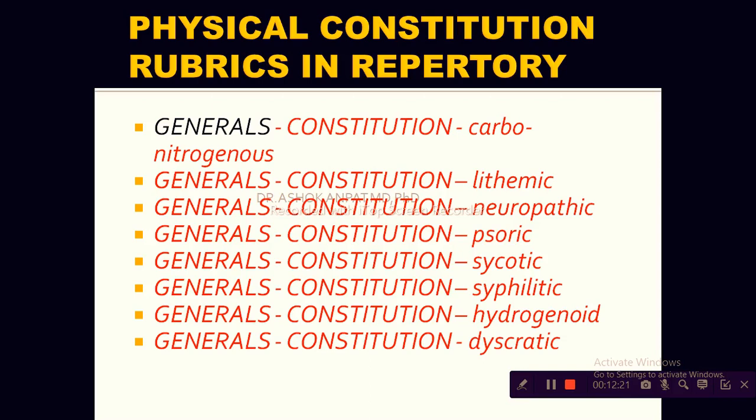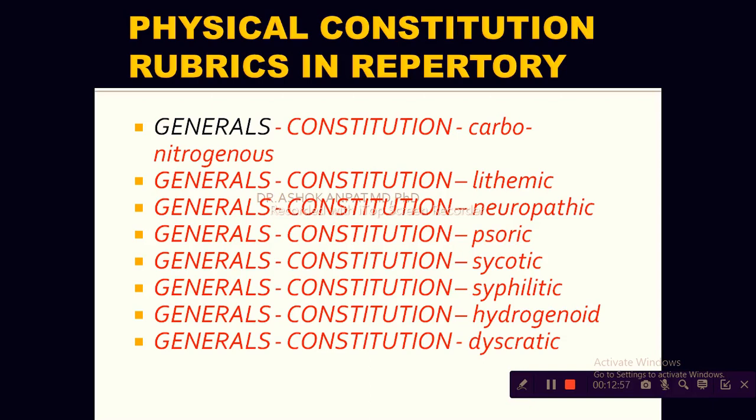If any patient is suffering with kidney stones, repeated recurrences of nephrolithiasis, and sometimes these patients also have cholelithiasis or bile stones, then instead of taking two rubrics, a bile stone and a kidney stone, and searching for them in the repertory, you directly take one rubric, that is, general constitution lithemic.